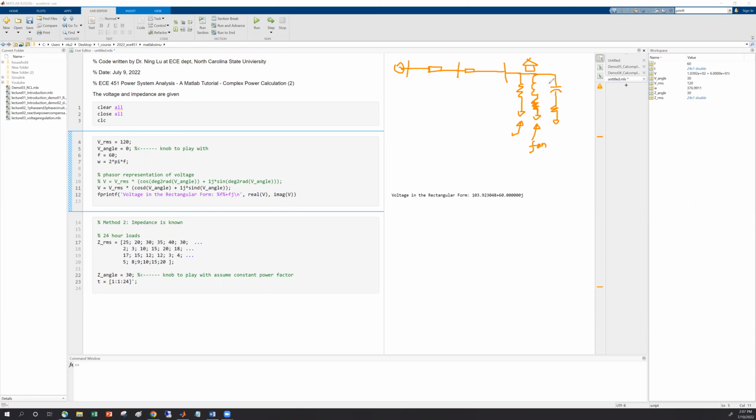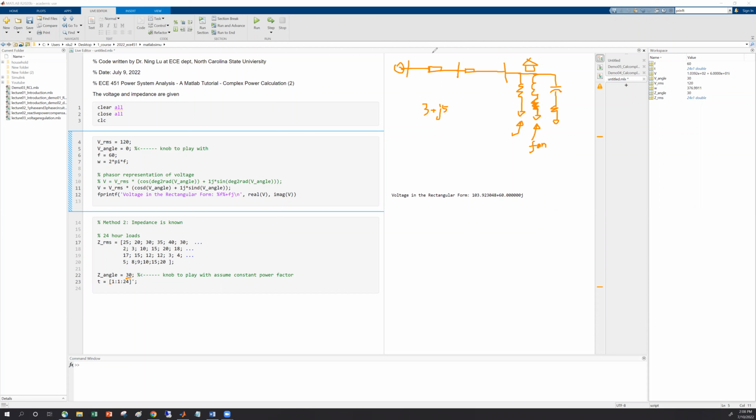Most of the time, we don't really have capacitive load in our household because we usually just have motors, and we don't have capacitors running. So oftentimes our theta, this angle, is positive, say 3 plus 5j, that kind of thing. So this is an inductive load, okay?